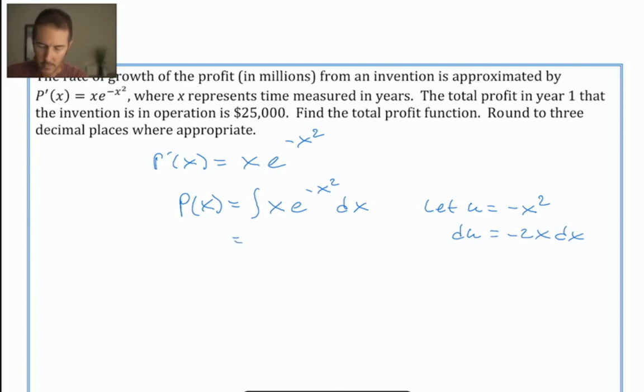And again, if you'd like to rewrite the original integral as e to the negative x squared times x dx, it makes it a little more clear, having this x dx isolated, that we're going to need to isolate this x dx as part of that secondary substitution. So let's divide both sides of this equation by negative 2.